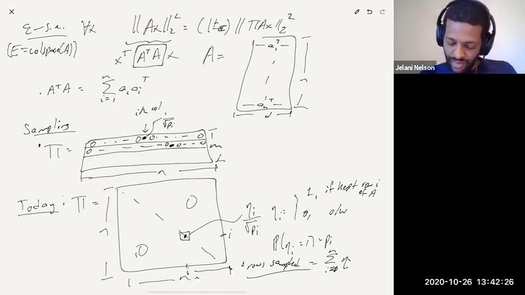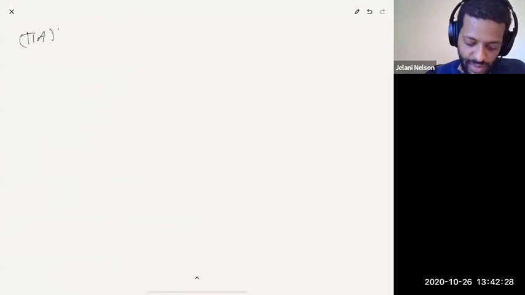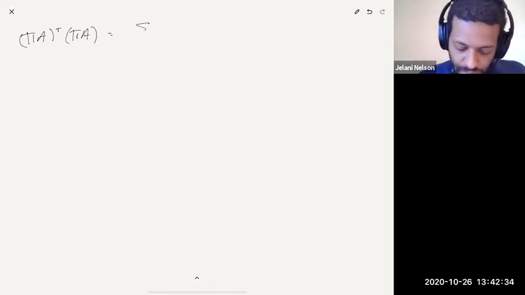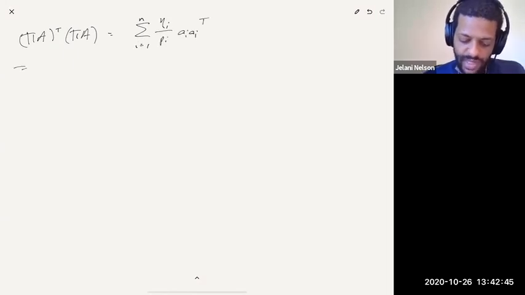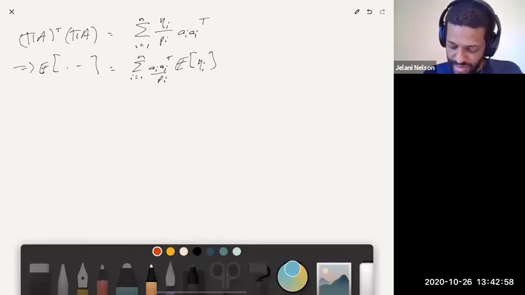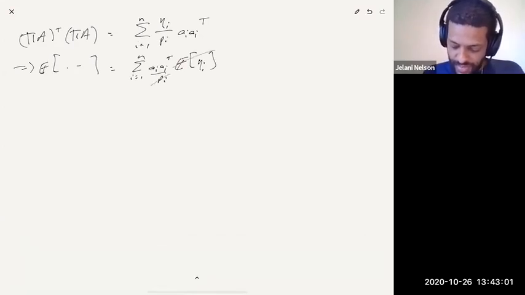And then now what I can write is pi A transpose pi A as the sum, I goes from 1 to n, this is an n, not an eta, of eta I over pi, AI AI transpose, which implies the expectation of that thing is the sum of AI AI transpose times the expectation of eta I over pi. But of course, this cancels. That's why we divided by root pi.